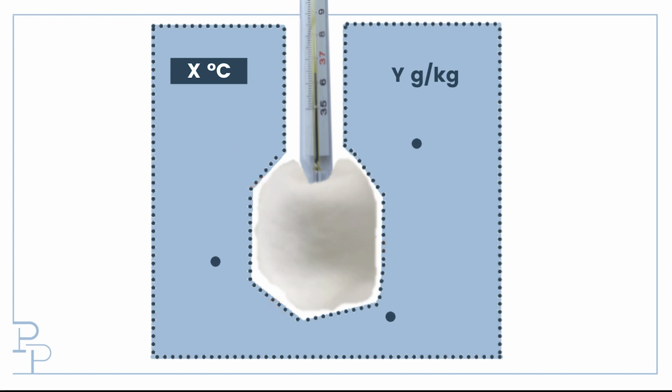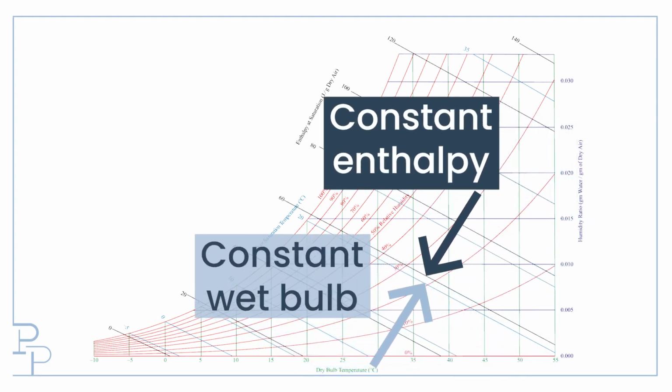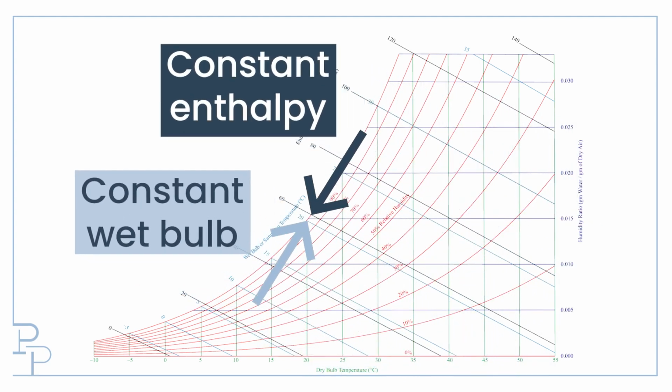It is for that reason that we say the enthalpy of our system has remained constant. The temperature of our system has dropped because energy left the system to vaporize the water. But now that vaporized water is a part of our system, so the enthalpy has not changed. It is for that reason that a line of constant wet bulb temperature lies on a line of constant enthalpy.